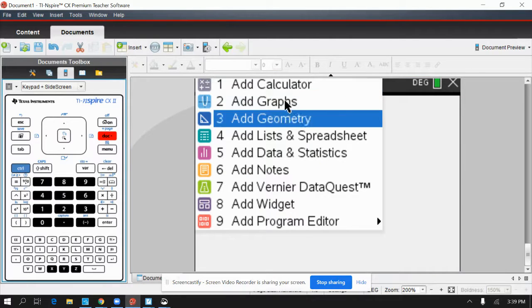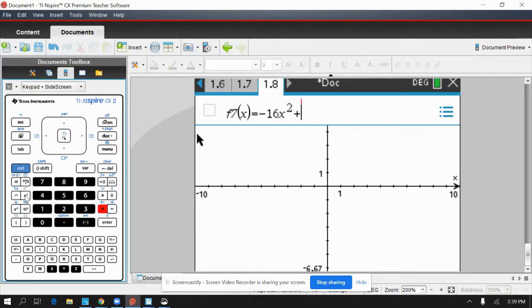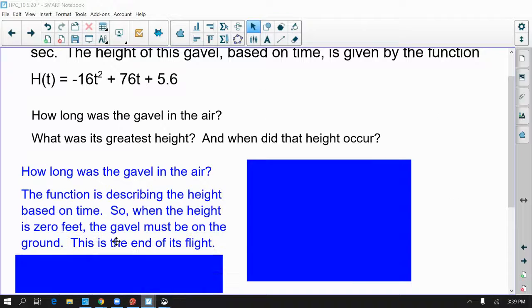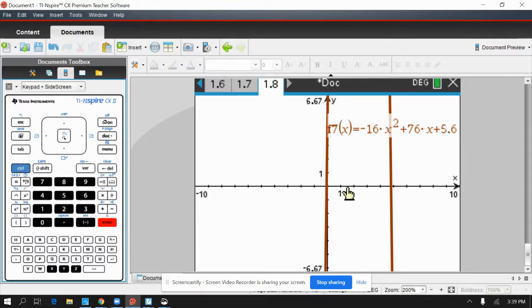So I just go to my graphing calculator and I type in negative 16x squared plus, was it 76 feet per second? Was that Mrs. O'Connor? 76, yep. And I press enter and I get this.